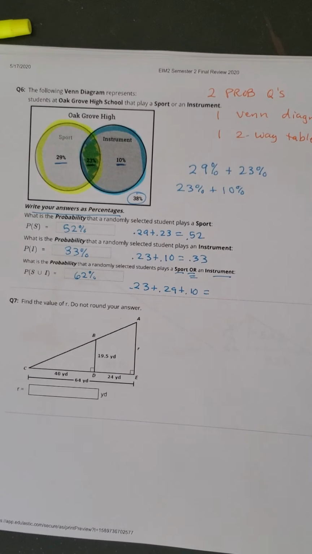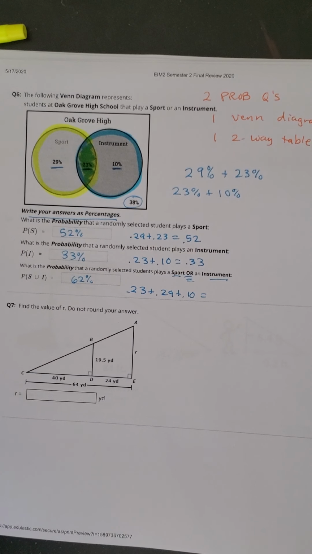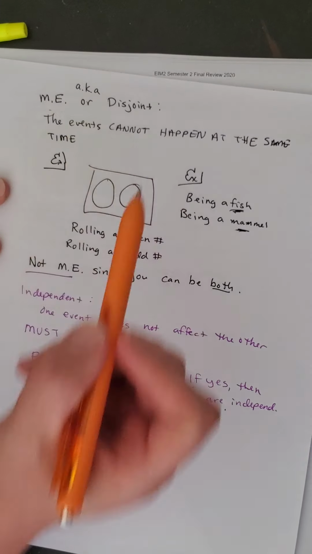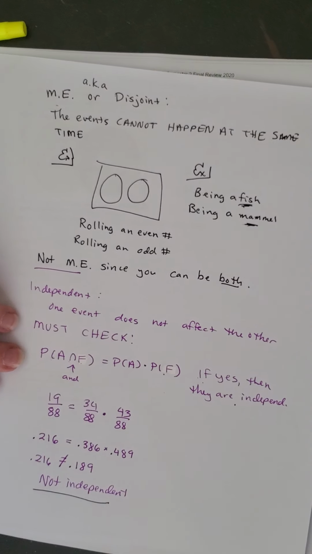I thought I had only given 2 of each kind, but 3 of each kind because that was the area that students struggled with the most at the beginning of the year. I really wanted to make sure that you had plenty of practice. So you definitely have to know the 2 rules I talked about: mutually exclusive and independent. You need to know those for sure. They are on the test.